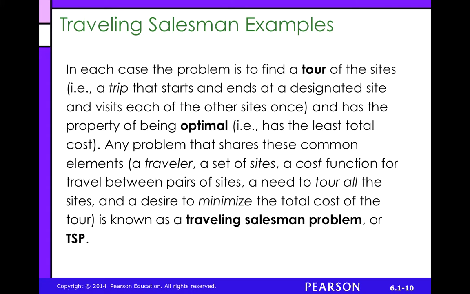And again, optimal means different things. Maybe the drivers want to minimize time. Maybe they want to minimize the amount of gas used. And these two things might be distinct, right? But whatever. Every single day, Amazon is trying to solve a bunch of traveling salesman problems, one problem per delivery driver. Okay, so these come up all the time in the real world, so being able to solve them is incredibly important.